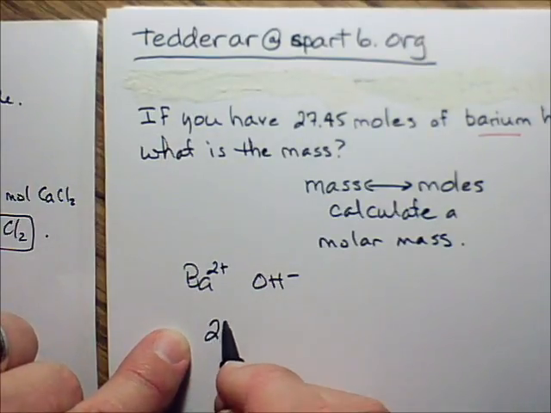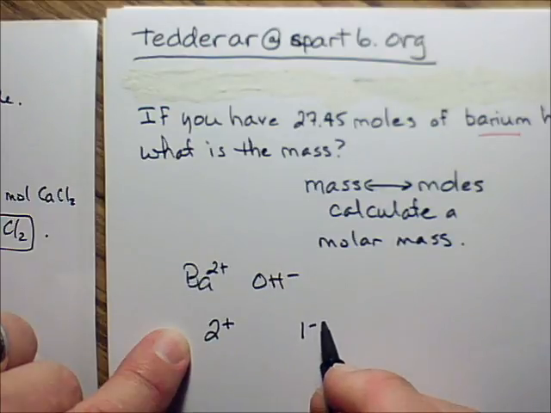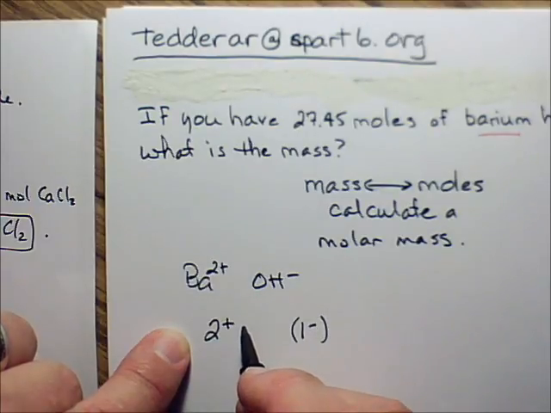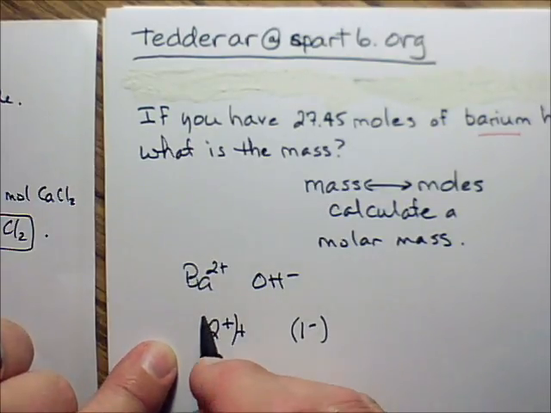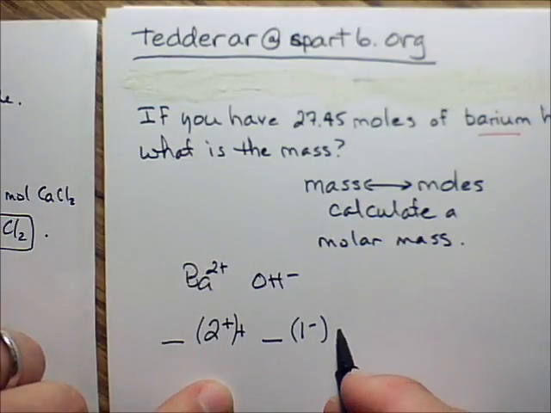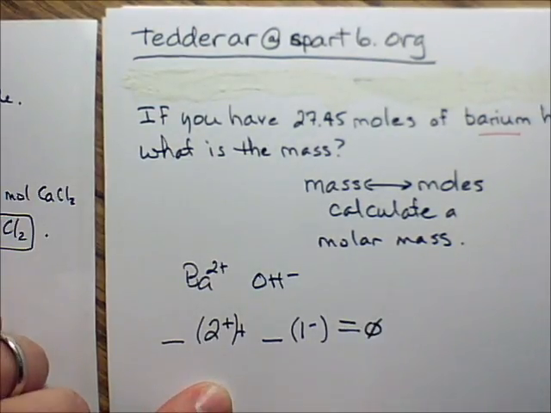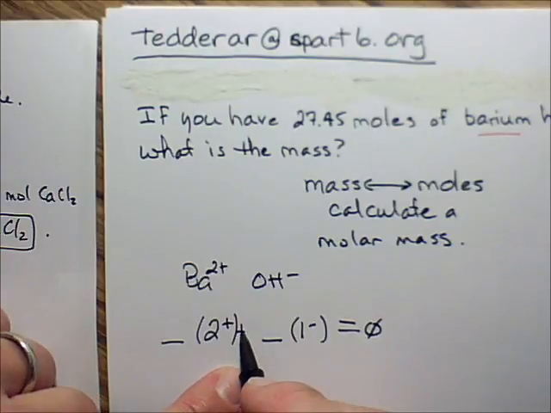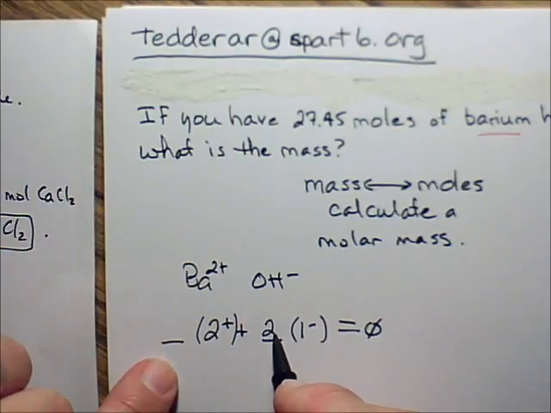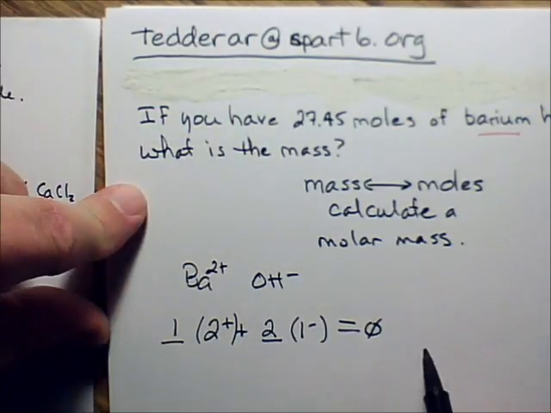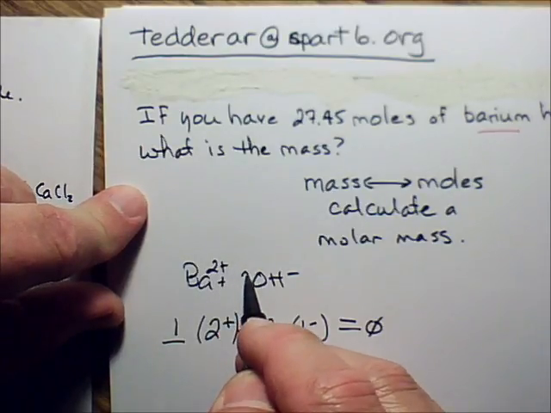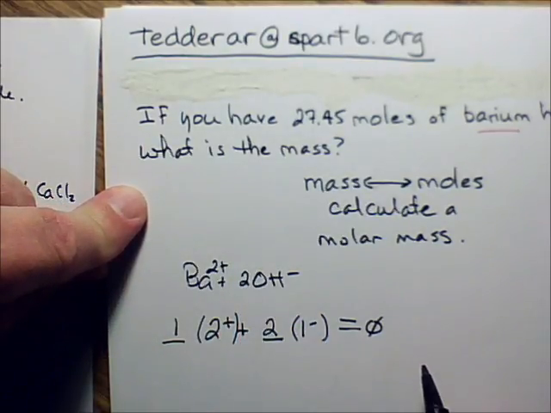If I have a 2+ on the barium and a 1 negative on the hydroxide, I need to know how many of each I need to get to 0 overall. A 2 here and a 1 here, that's correct. So there are 2 hydroxides in a balanced formula.